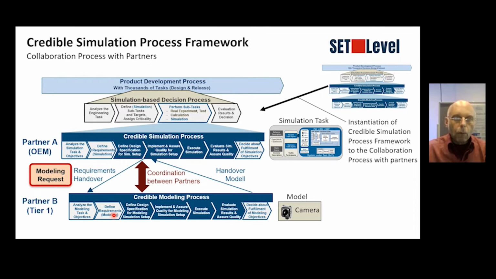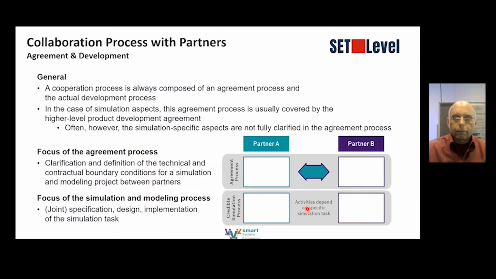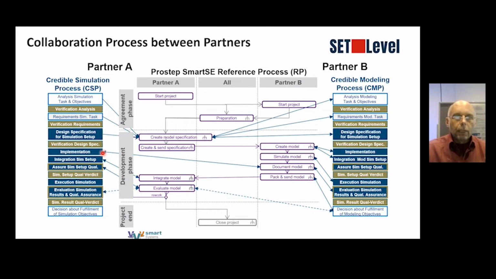Now we go into more detail. What does this coordination look like? Therefore, we skip Z to the right and Z to the left, and then we come to this picture. Here is the credible simulation process from partner A, the OEM, and here from partner B, the credible modeling process.